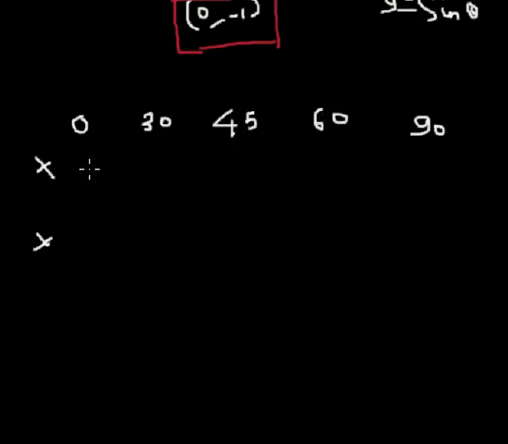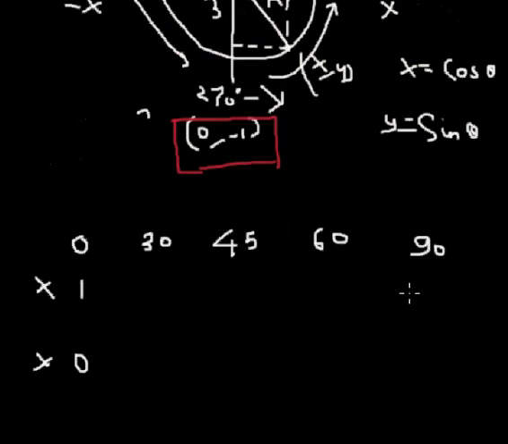So for 0 degrees, x's value is 1, y value is 0. And for 90 degrees, x value is 0, y value is 1. And all the middle values are something that we need to find. If you are starting from 1 and ending in 0, you must write 3, 2, 1.